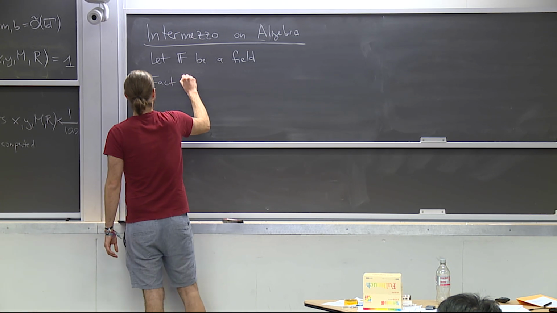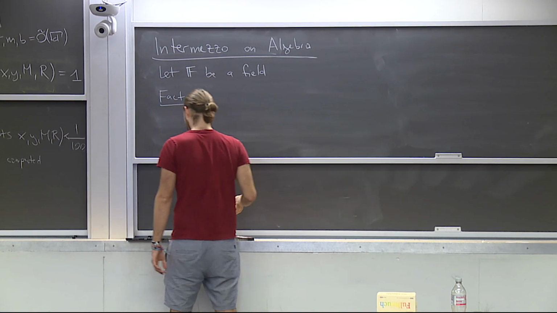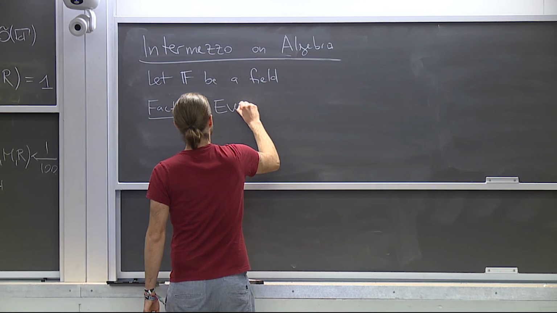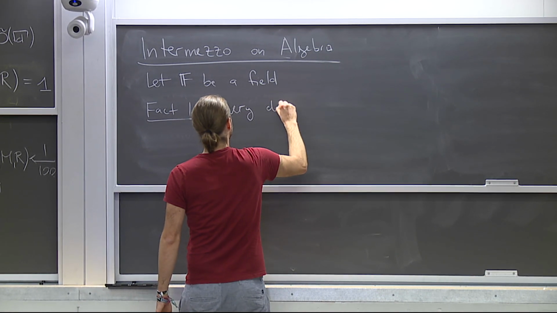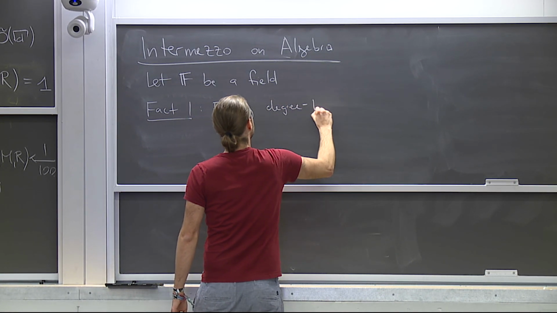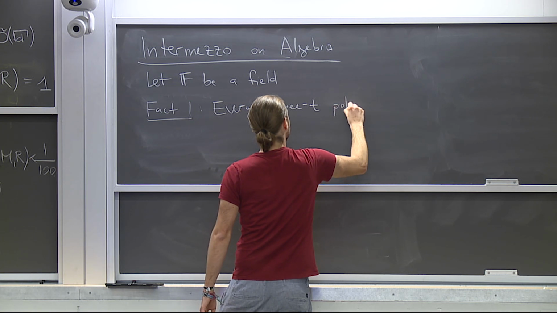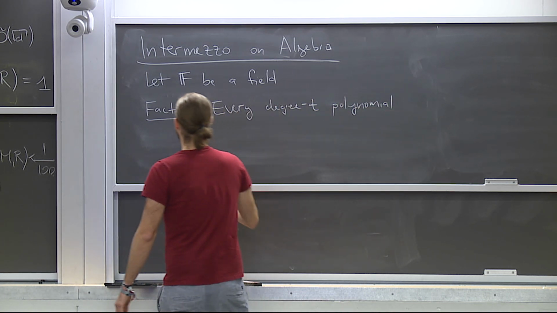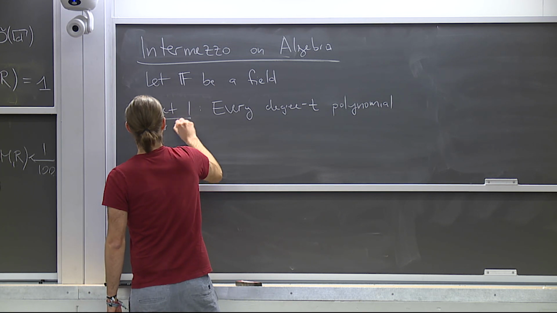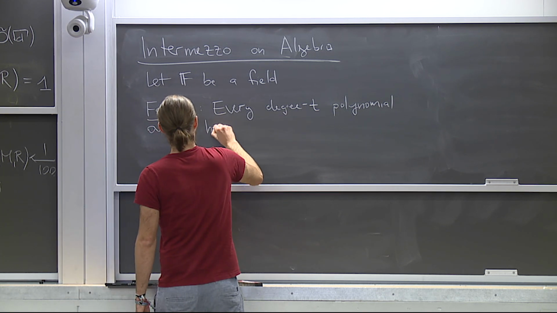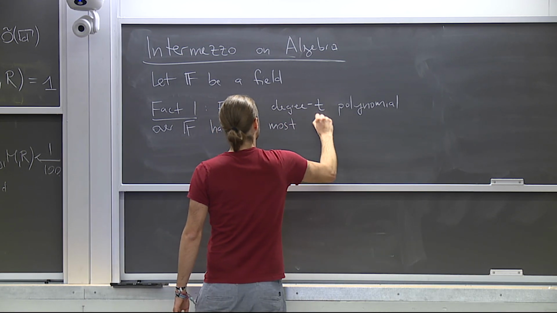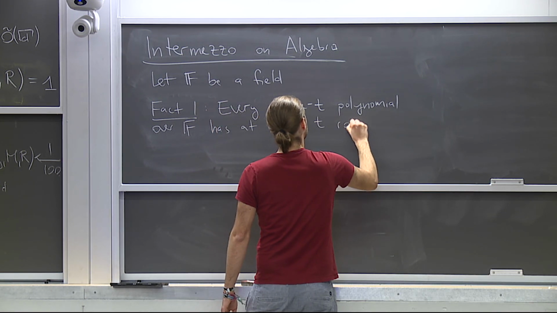The first and very simple fact is, every degree T polynomial over that field, in fact over an arbitrary field, has at most T roots, right?